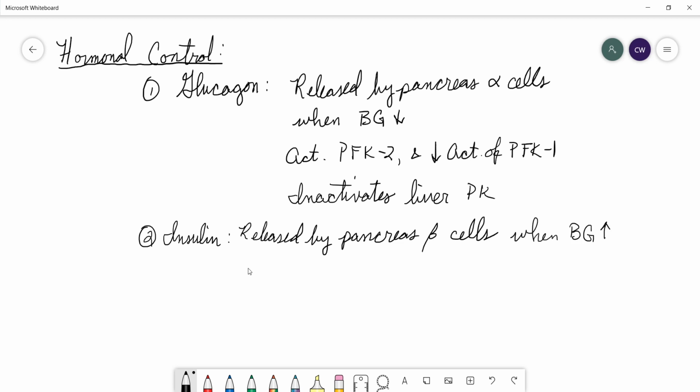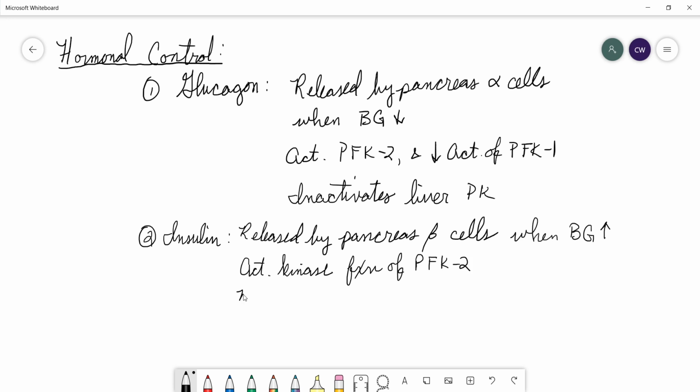All right. Insulin activates the kinase function of PFK2. Okay.